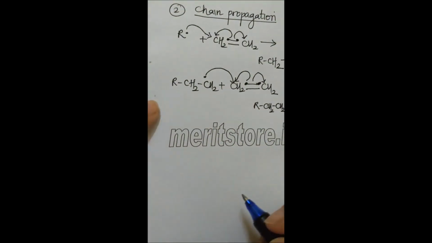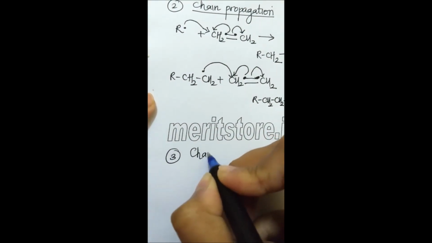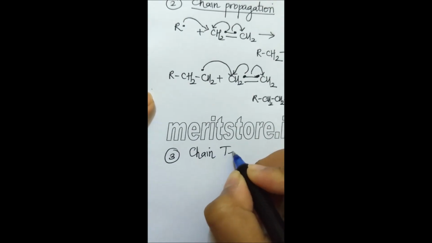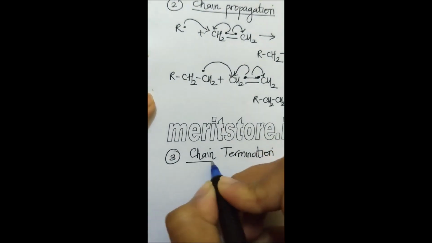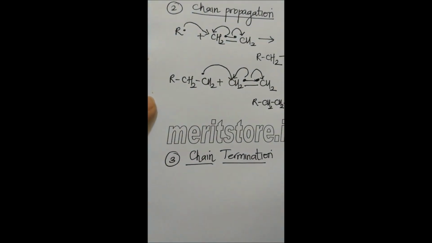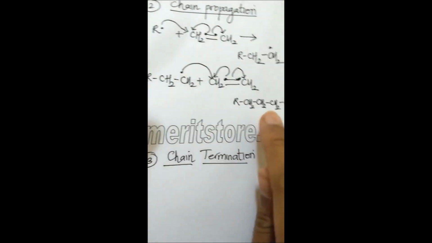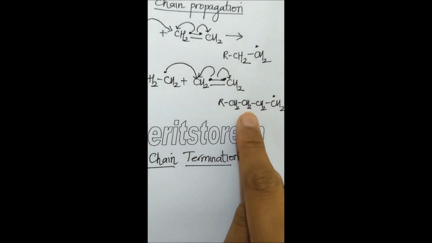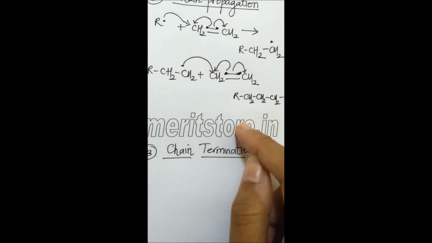My final step is my chain termination step. In chain termination, two molecules of R CH2 CH2 CH2 CH2 radical combine.